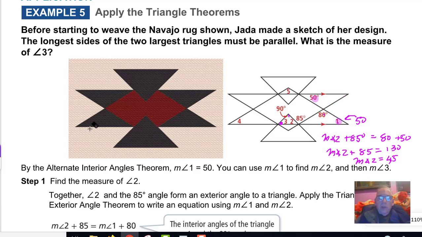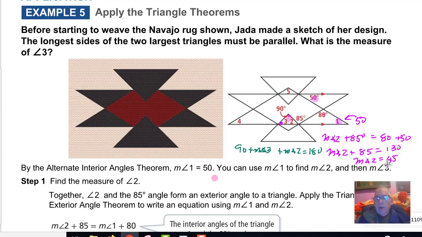Now we're just dealing with this triangle right here, and what we have is 90 plus 3 plus 2 has to equal 180. That's the triangle sum.